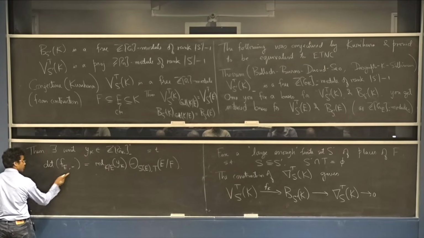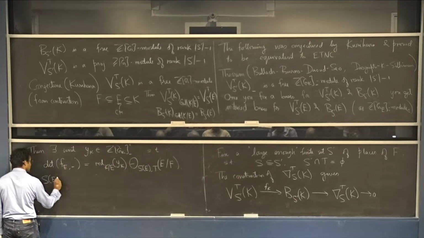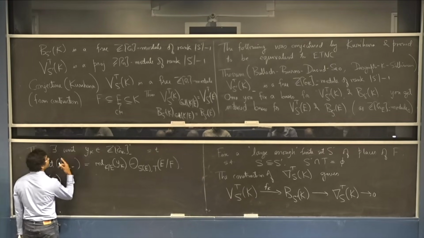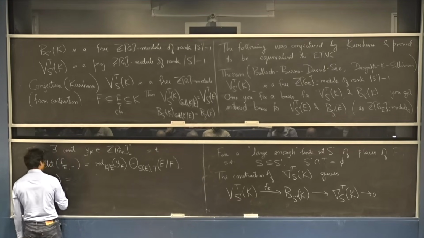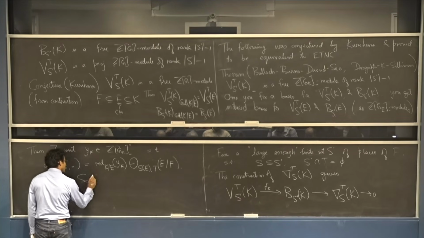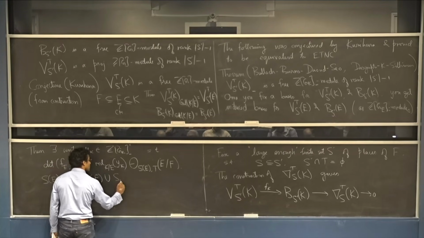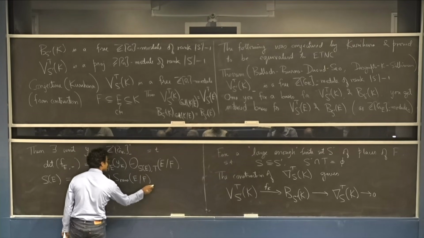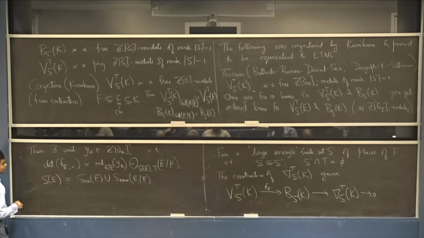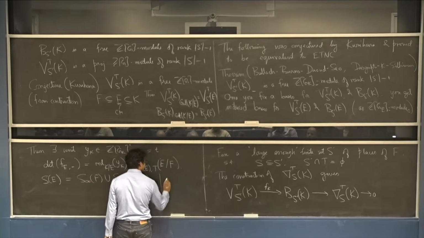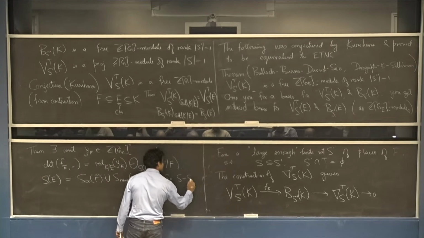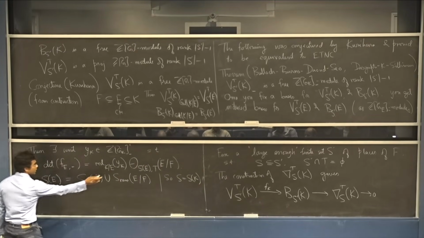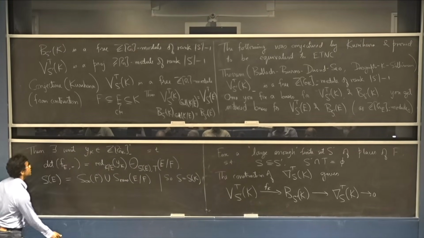So S_E is S_infinity(F) union only the places that ramify in E over F. So the previous thing was S. So S was S_K, so S is S_K in the notation that I had before. T is the same T, that doesn't change.